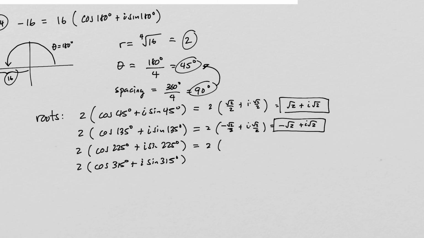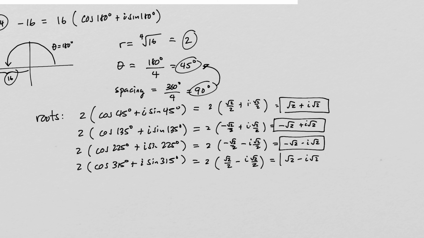For the next one, cosine of 225 and sine of 225 is going to leave us with this answer. And finally, cosine of 315 and sine of 315 is negative radical 2 over 2. So we're going to end up with this answer. And so these are all the roots of -16, the fourth roots of -16.